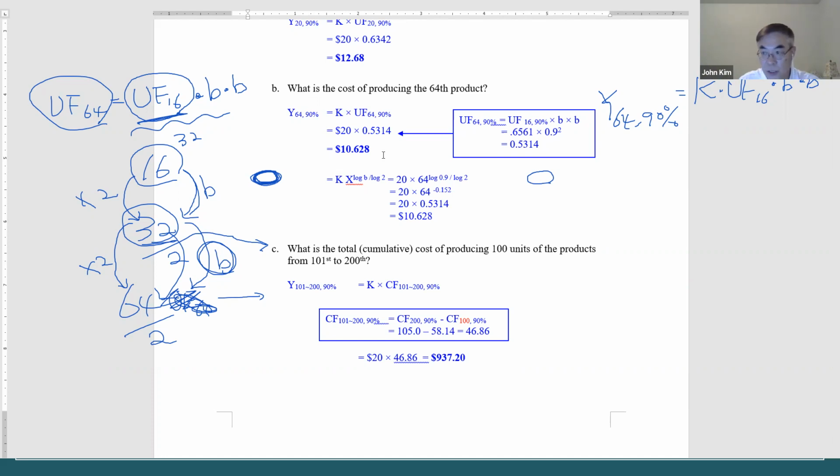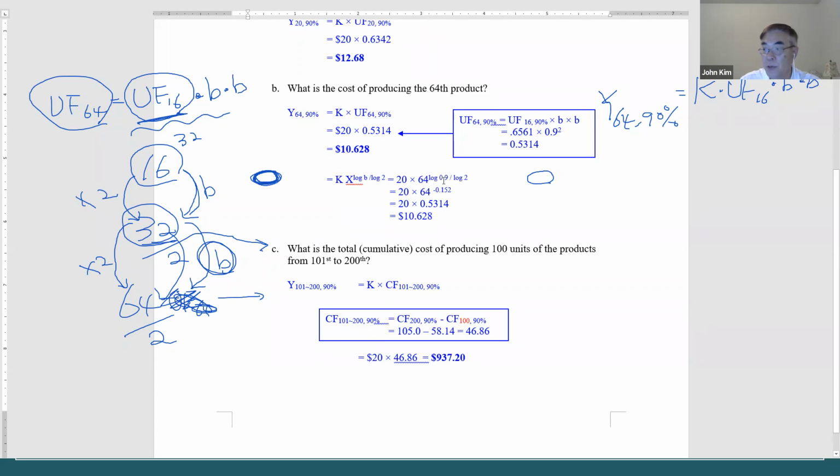If you don't understand this arithmetic learning curve concept, when it's doubled times B, then use this formula, the logarithmic learning curve formula. 20 K times x, where x is unit number 64, to the power of log 0.9 divided by log 2.